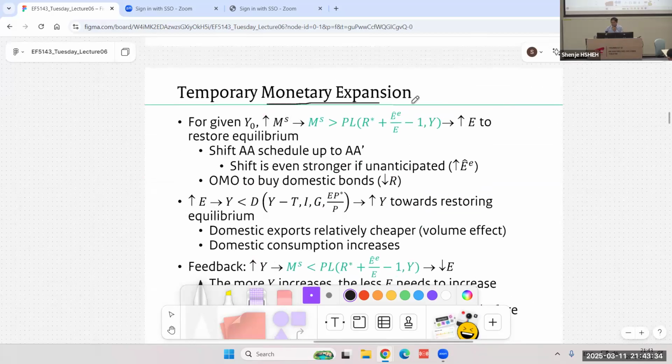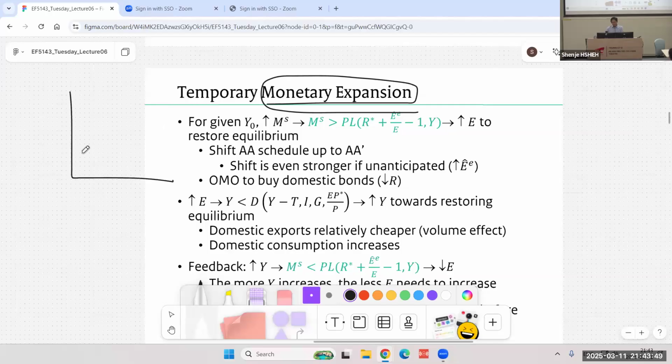We talked about a temporary monetary expansion. The way to analyze the mechanism and the causation sequence is to always think about moving the financial markets first, right? So for monetary expansion, we move the AA schedule, right? But we always jump to the other AA schedule first, before thinking about anything else.